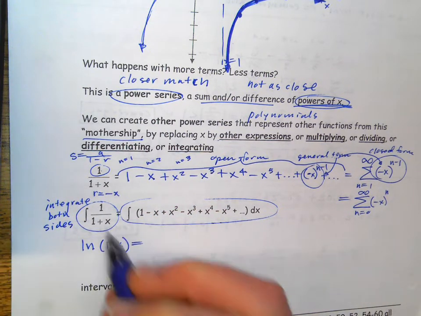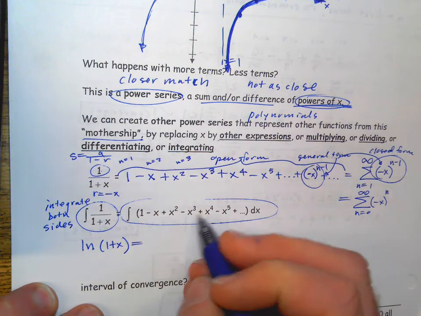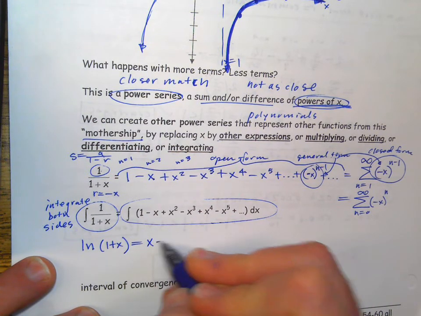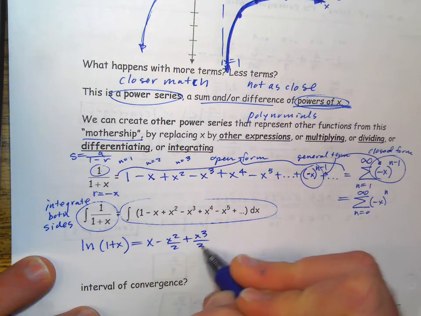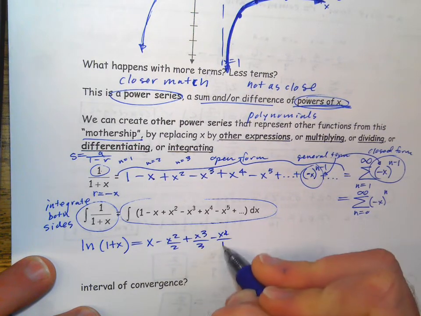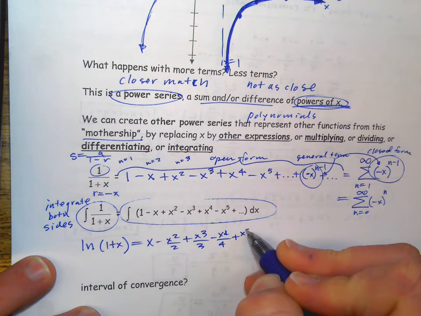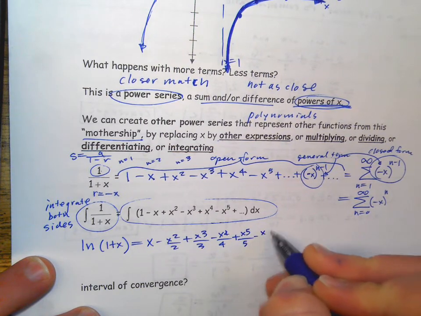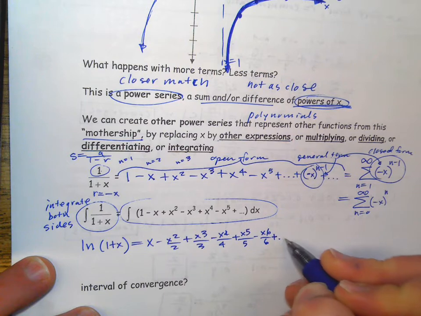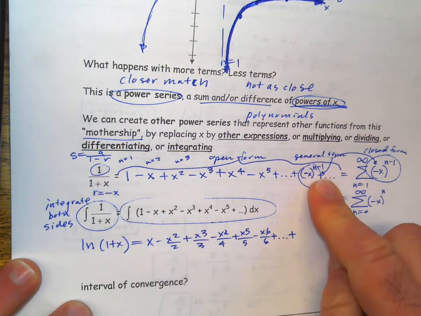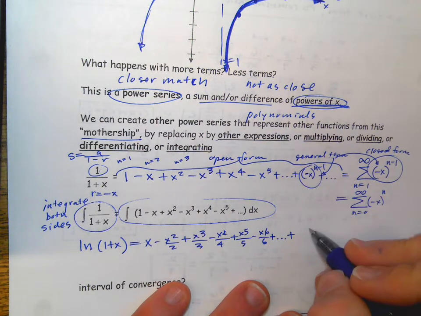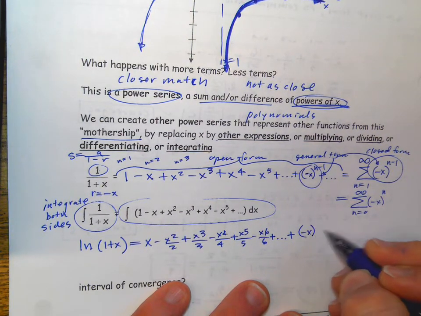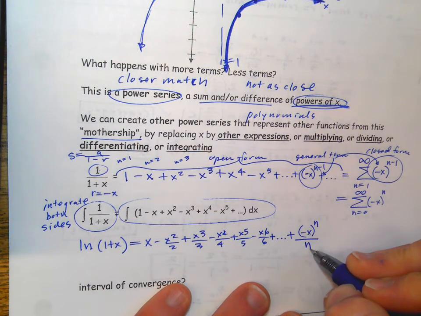If you integrate the left, you integrate the right, it's polynomial: x minus x squared over 2 plus x cubed over 3 minus x to the 4th over 4 plus x to the 5th over 5 minus x to the 6th over 6 plus ... We could even integrate the general term. What would the antiderivative of this be? Well, you would add 1 to the exponent and then divide by the new exponent, right?